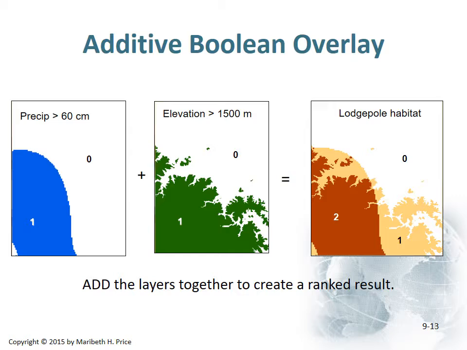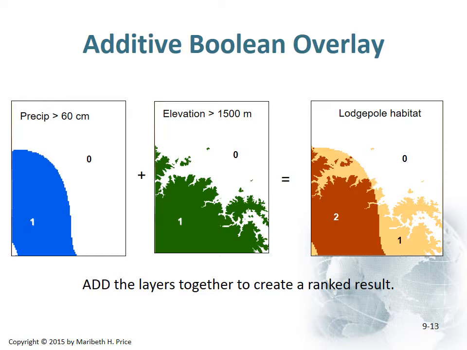Okay, so what does that mean? We're essentially applying scores or ranks to each individual raster cell, where zero indicates neither condition exists, 1 indicates one of the conditions exists, 2 indicates that both conditions exist.